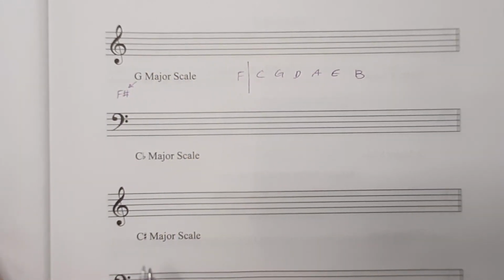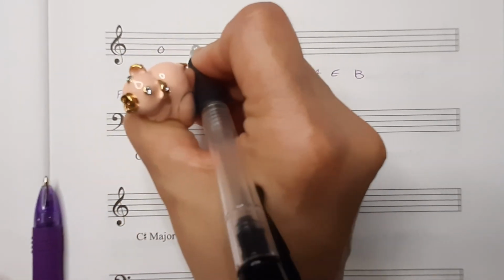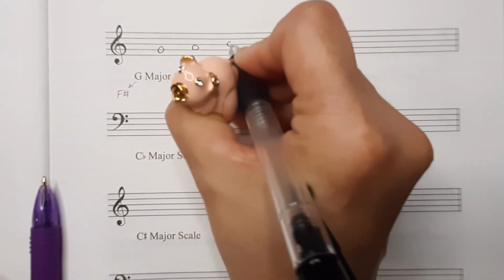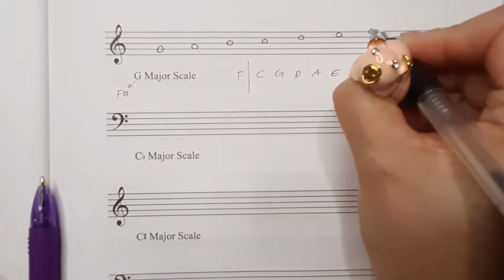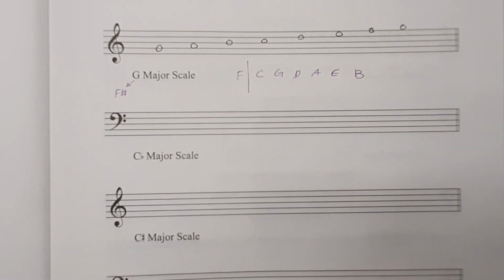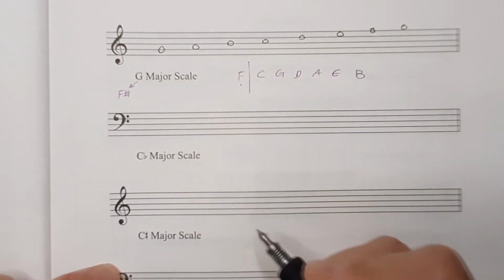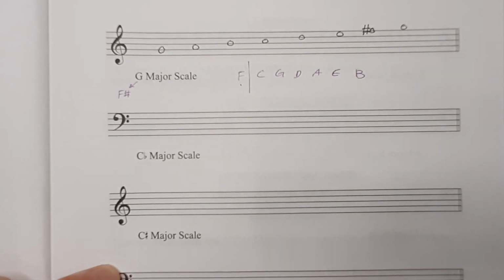So one and only, draw the notes from G to G. You're going to speed up, okay? G, A, B, C, D, E, F, G. Now what do you have to do? Sharp F. There you go. It's done.